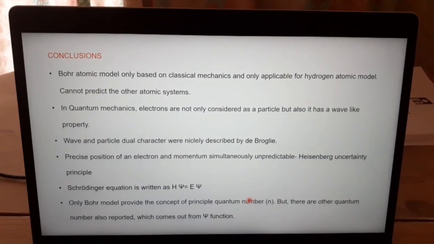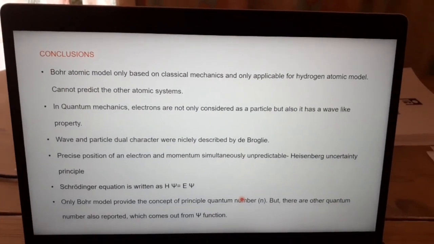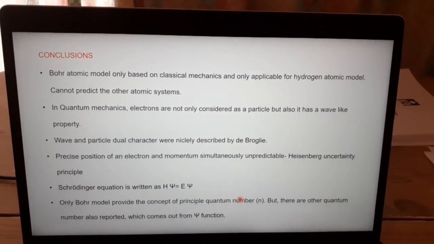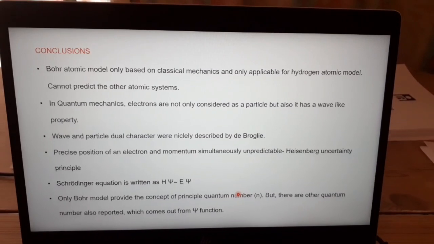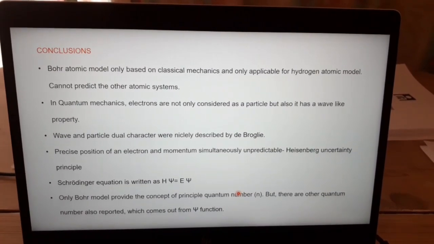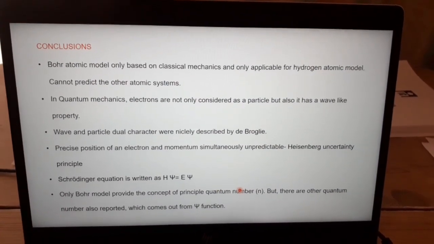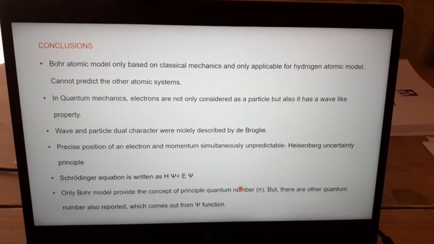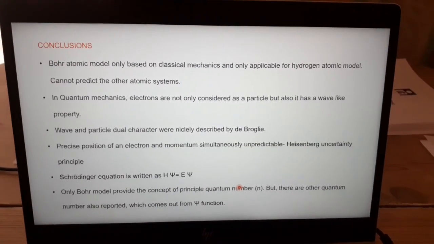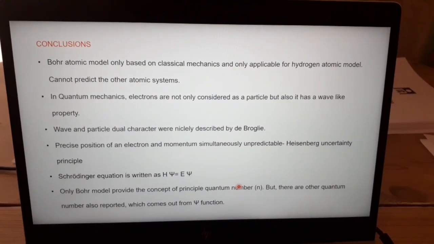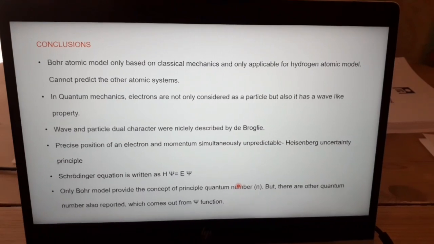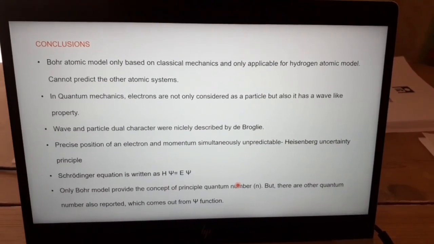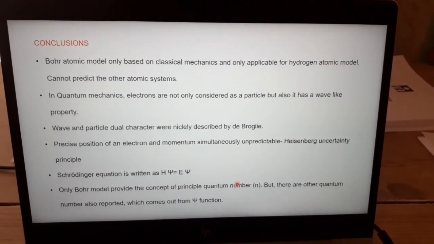So, the conclusion of this video: the Bohr atomic model is based only on classical, Newtonian mechanics, and it is applicable only to one-electron or hydrogen-like systems. It cannot predict other atomic models or atomic systems with higher mass number. In quantum mechanics, electrons are considered not only as particles but also as having wave properties, which is very important to predict the atomic system.